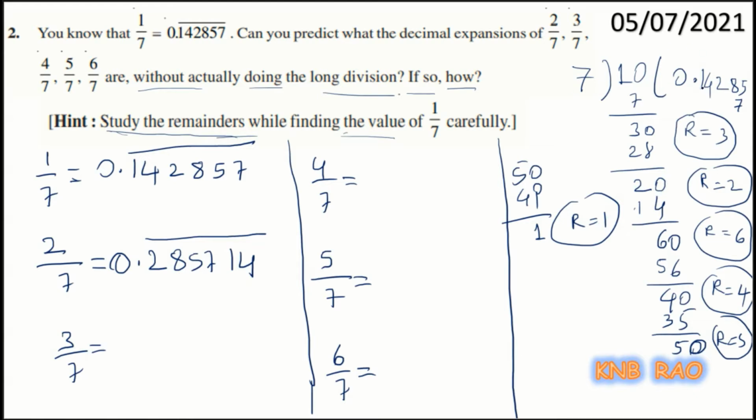The 7 4s are 28 is missing. When the remainder is 2, from there 7 2s are 14. So, when the remainder is 2, from there the 2 by 7 value is starting.